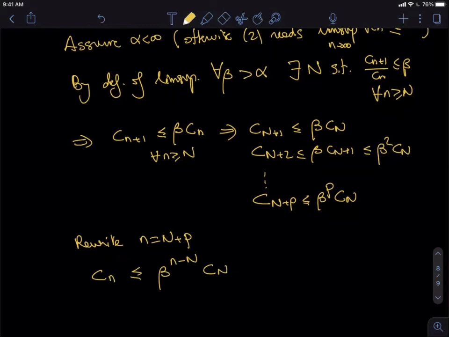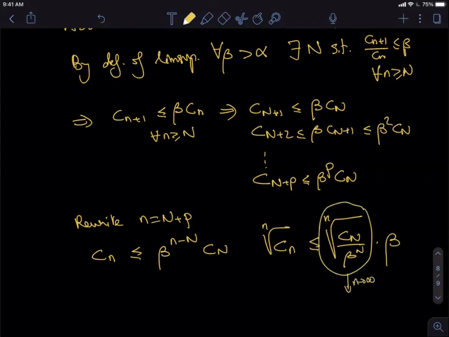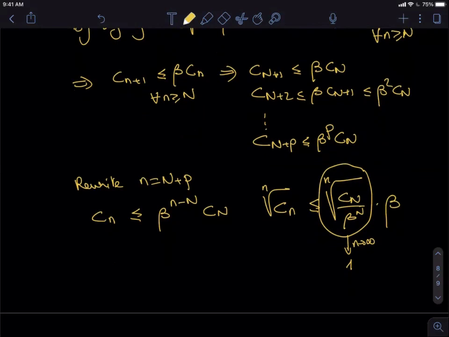And from here we are set, because we can just write the nth root of c_n less or equal than the nth root of c_N divided by beta to the N, times beta to the n, take the nth root, leaves beta. This part, as n tends to infinity, becomes 1. So what we get here is that the lim sup as n tends to infinity of the root is less or equal than beta.